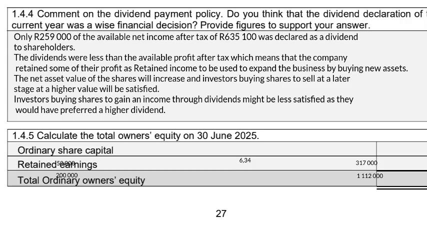Calculate the total owner's equity on 30 June. Our ordinary share capital amounted to 1,112,000 Rand. The retained earnings amounted to 632,100.